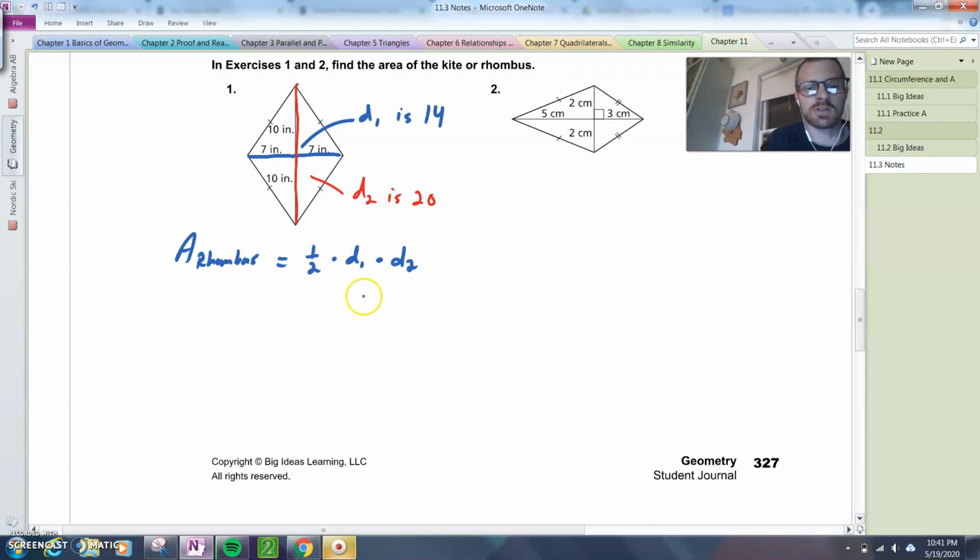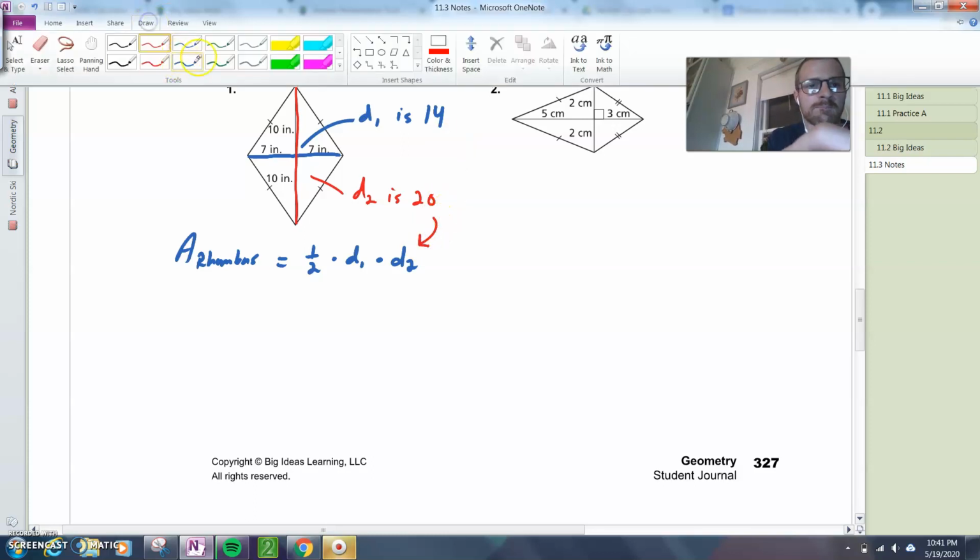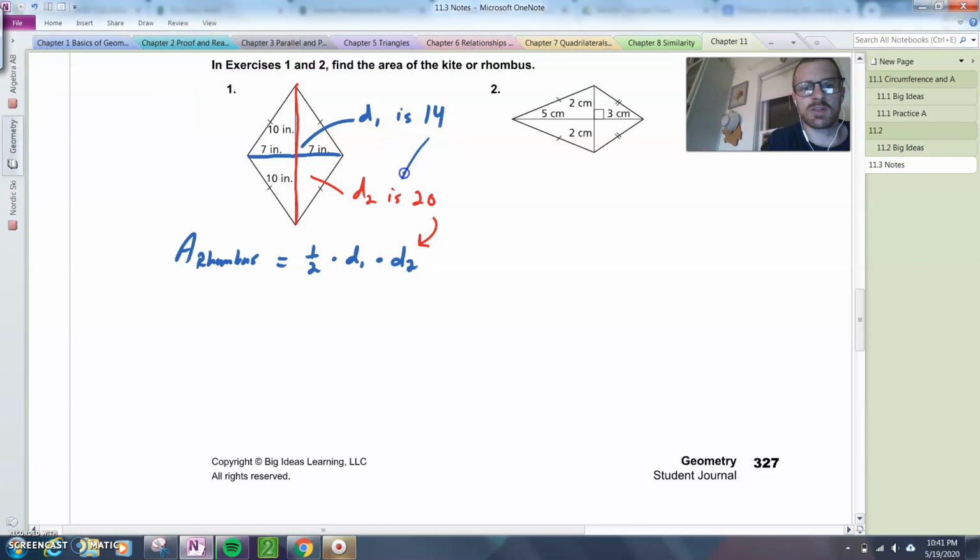So if we put these into our formula, my 20 in for diagonal 2, and 14 for my diagonal 1, we get 1/2 times 14 times 20, which would equal half of 14 is 7. 7 times 20 is 140.